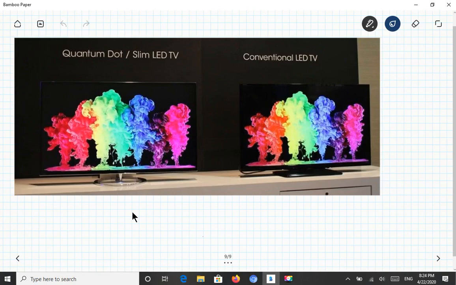Coming to the advantages, it produces a broad spectrum of colors. Unlike an LED, as I already mentioned, blue and green colors you will see in good definition, so in-depth colors you will get. It is less dependent on temperature, so you cannot see a big current variation between temperature and current.